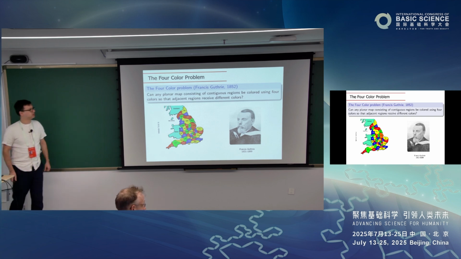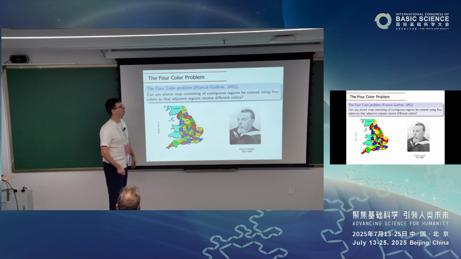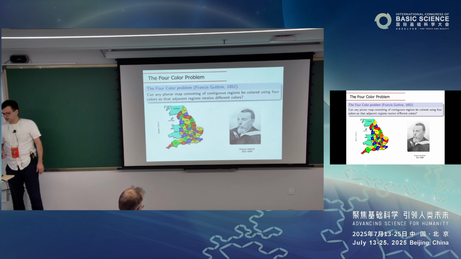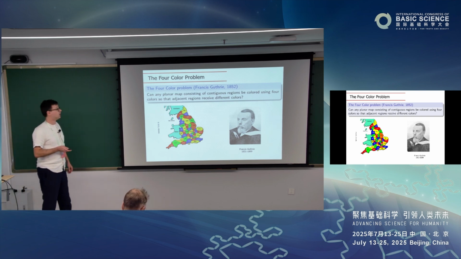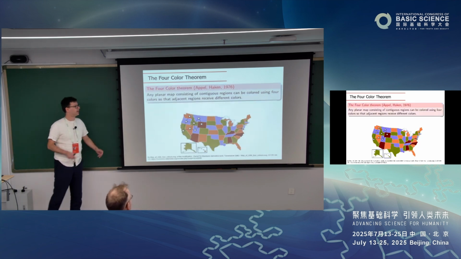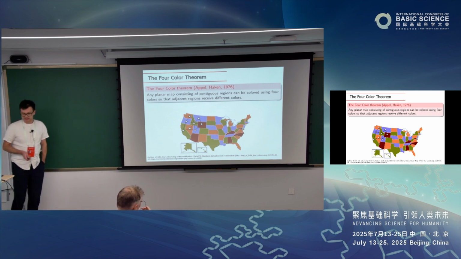And this question motivated the development of graph theory for about 120 years until it was famously solved by Appel and Haken in 1976, who showed that the answer is yes.